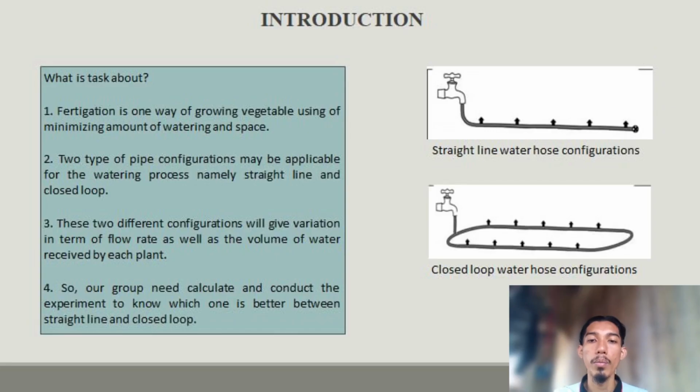In this experiment, we need to test two situations: straight line water hose configuration and closed loop water hose configuration. From this straight line and closed loop, we need to calculate the pressure and velocity.